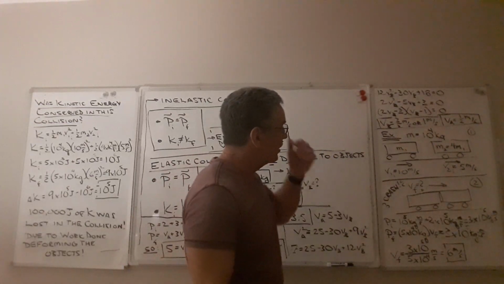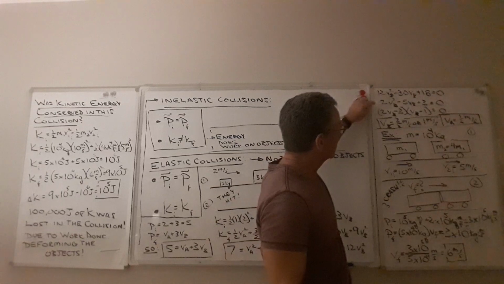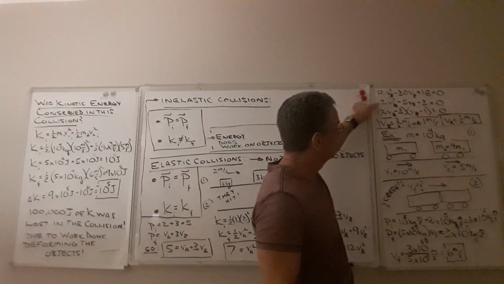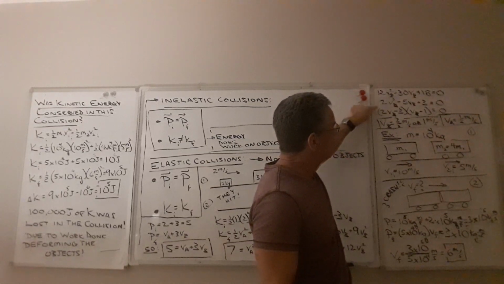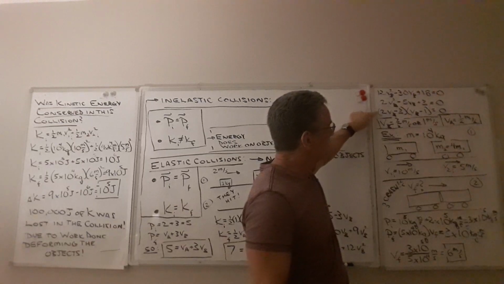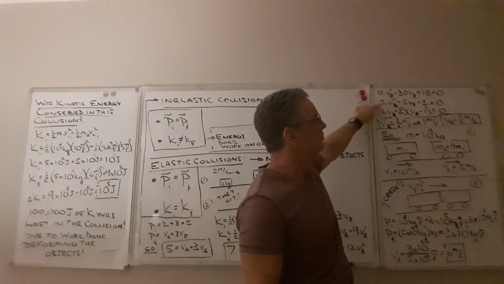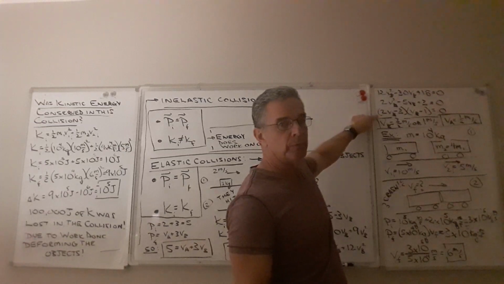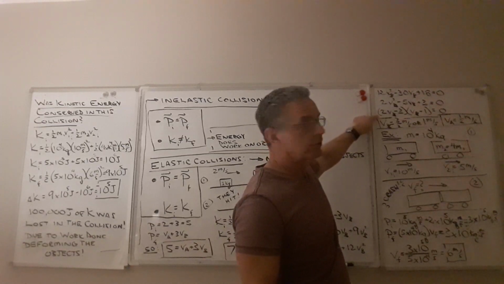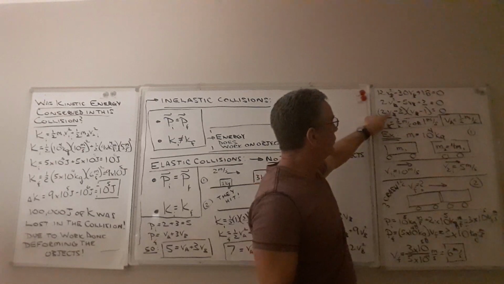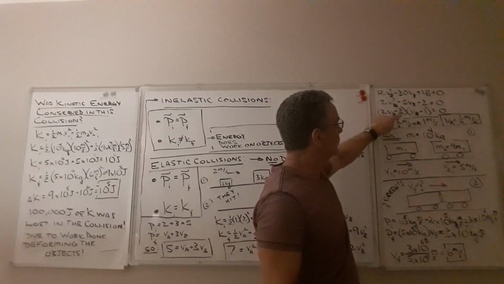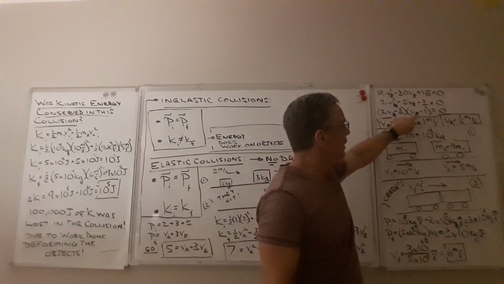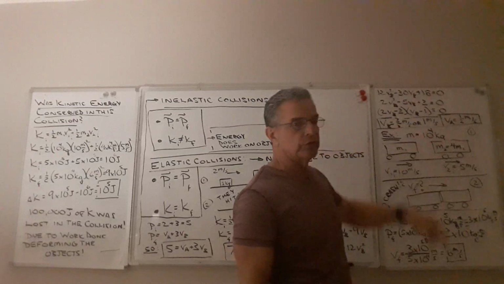And now if I divide through by 6, I can simplify it a little bit further. Because these coefficients are so small, I was able to factor this into two binomials by inspection, and so I get (2 VB minus 3) times (VB minus 1) equals 0.